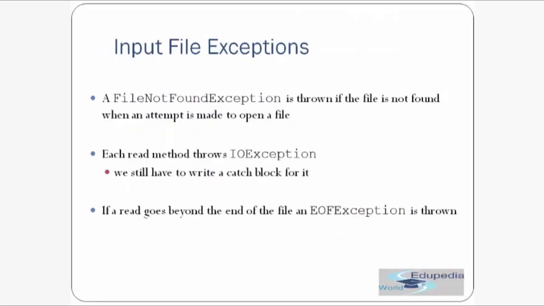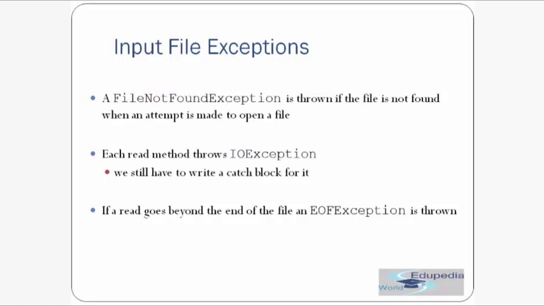Now input file exceptions. Let's see what exceptions opening an input file can give you. A FileNotFoundException is thrown if the file is not found when an attempt is made to open it. That's obvious, because if a file is not found, then your JVM will eventually throw a FileNotFoundException. Each read method throws IOException.